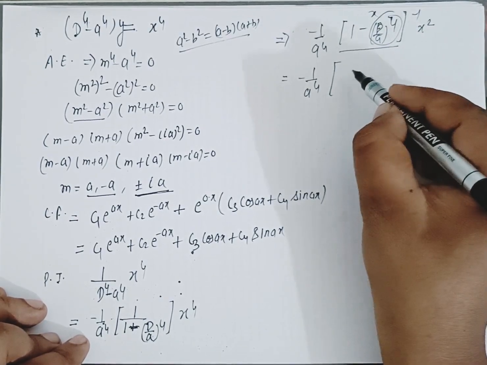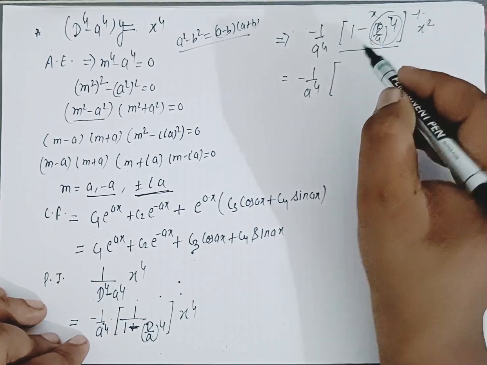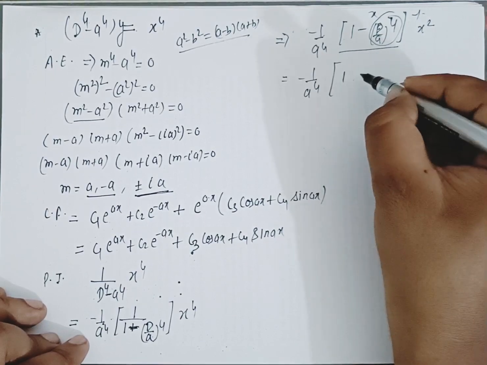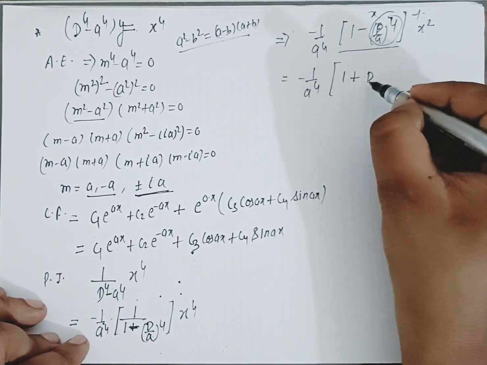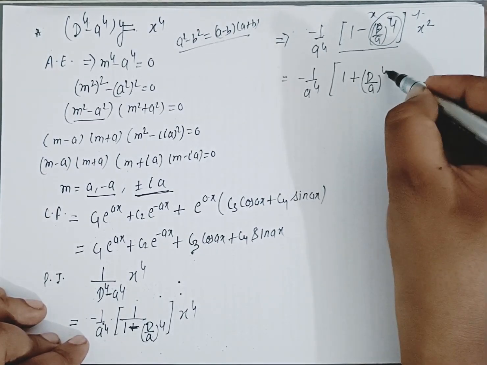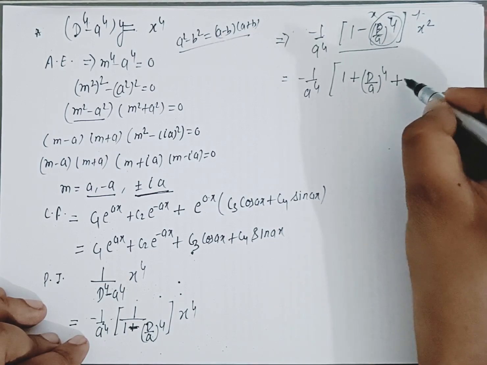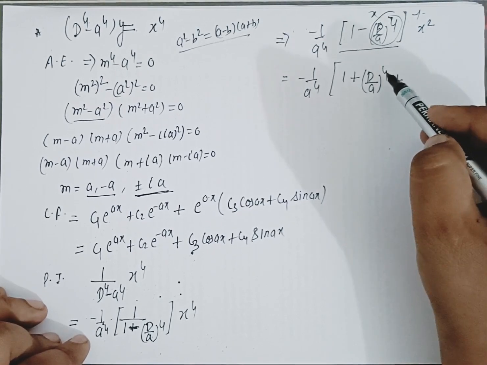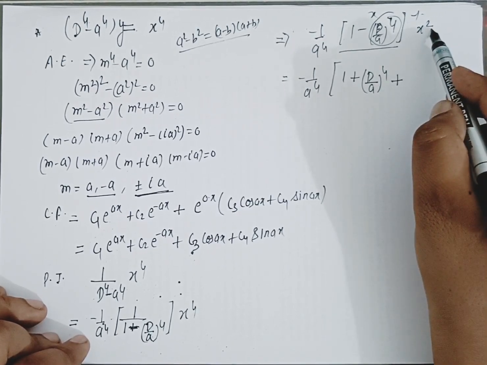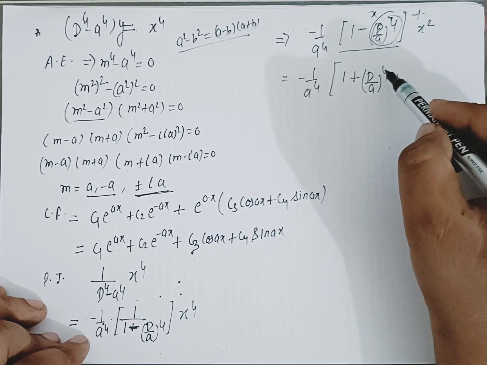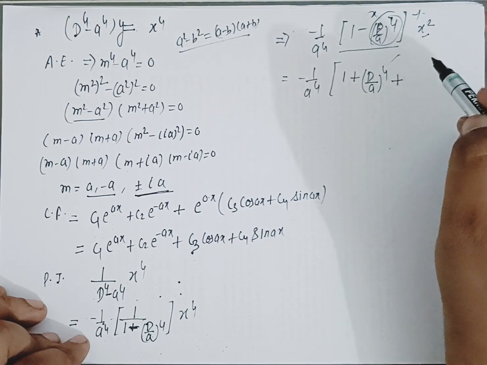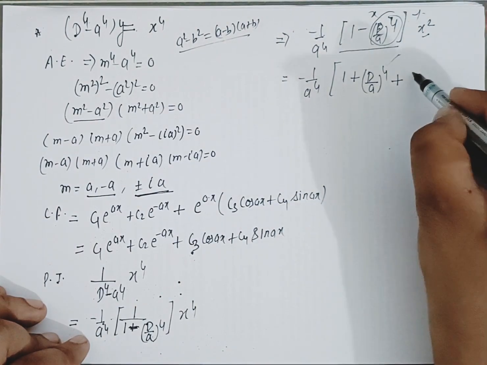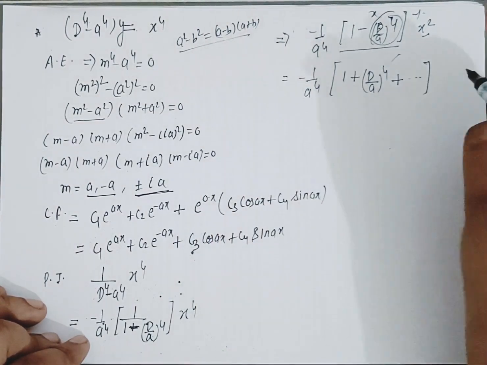Because here it is minus minus, we will have all the signs as plus. So 1 plus x, that means d by a to the power 4, and then x square means d to the power 8. This expression will make x square 0, and the higher order terms will all be zeros. So no need to write the further expansion.